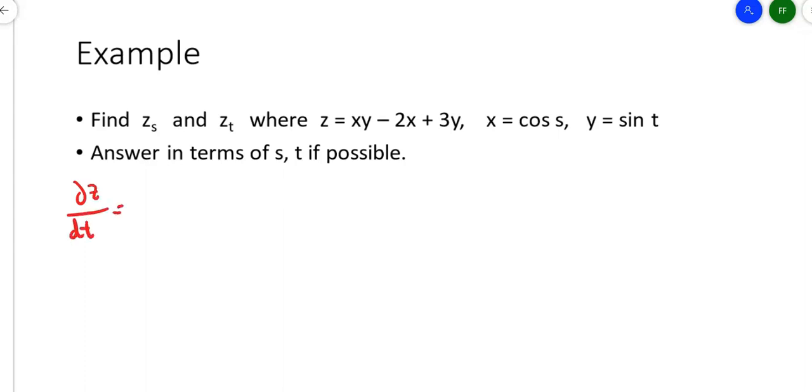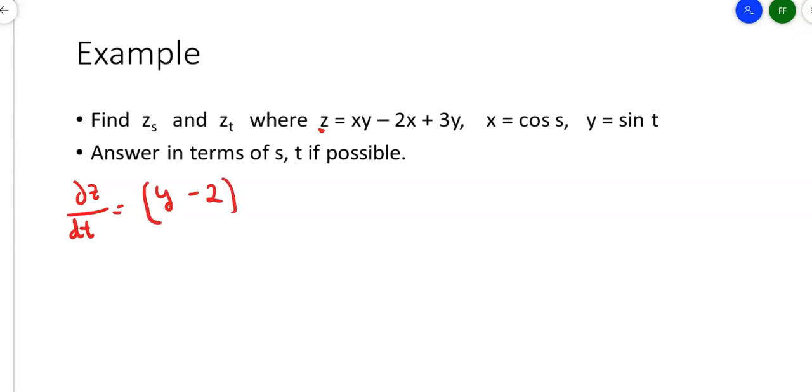Partial z with respect to t is going to be the partial z with respect to x. So if I derive this expression here with respect to x, the derivative of this first thing with respect to x is just y. Derive the second term with respect to x, and it's just negative 2. Derive the third one with respect to x is just 0.